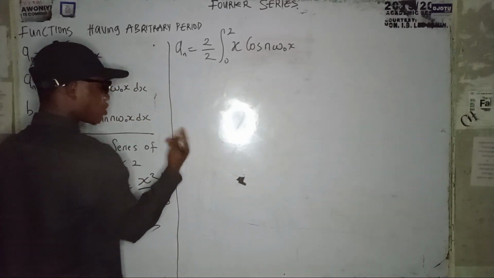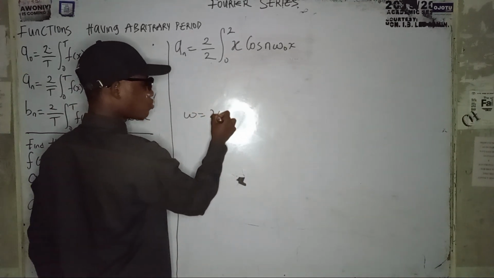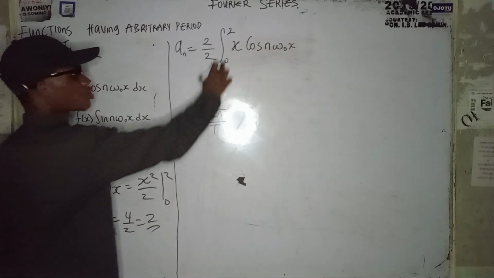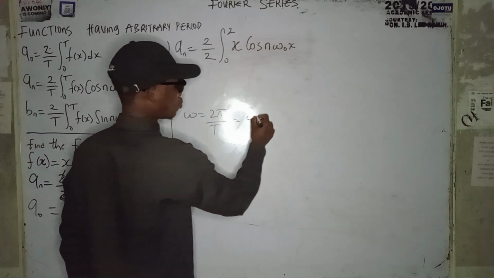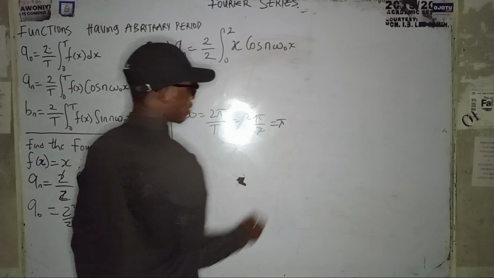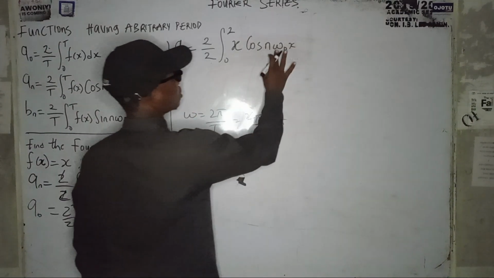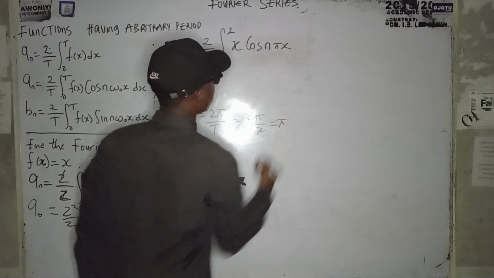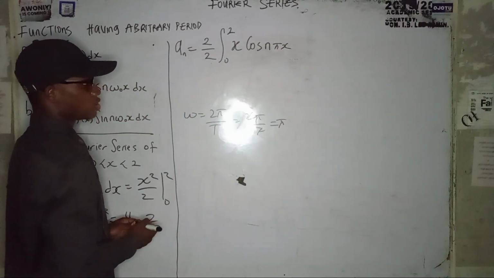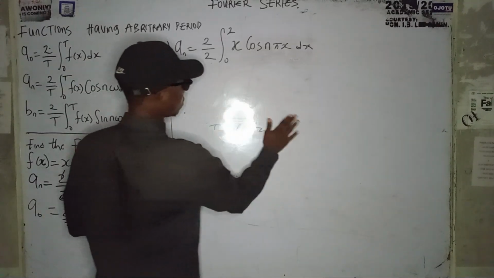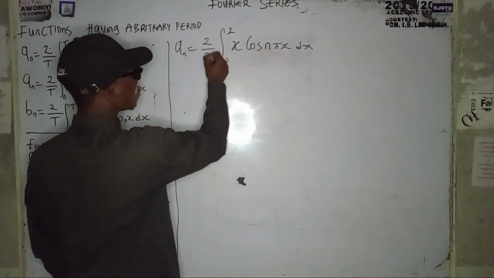Now, what is our omega? Our omega is equal to 2 pi over T, and our T here is equal to 2, so this is 2 pi over 2. 2 cancels 2, so this is equal to pi. So this is cos n pi x, and we put our dx at the back of it. So 2 cancels 2 here.